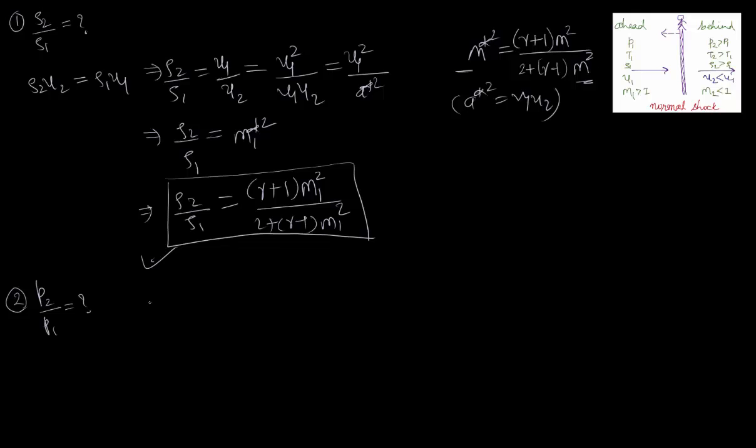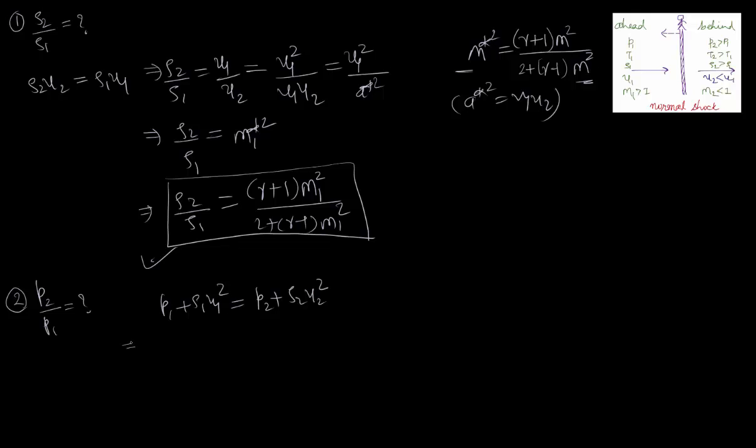Now we will find out pressure ratio, P2 by P1. We will consider momentum equation, which is P1 plus rho 1 U1 square equals P2 plus rho 2 U2 square.